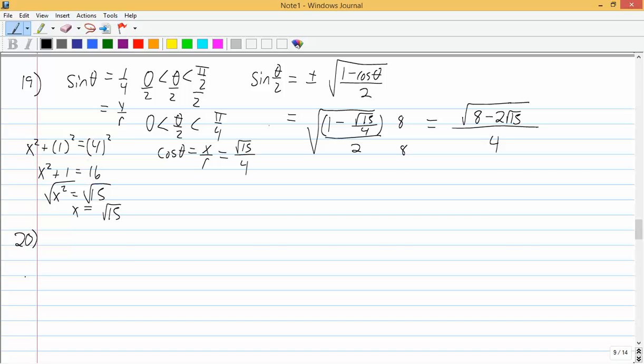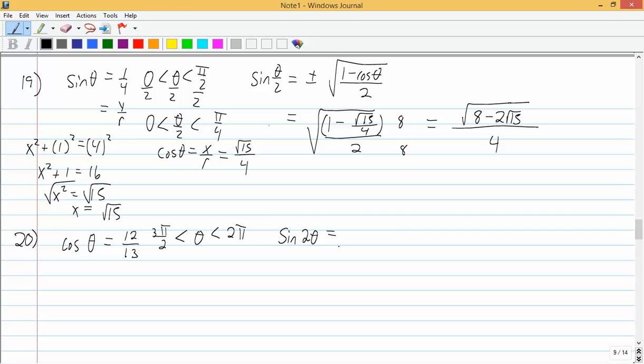All right, problem number 20. Cosine of theta equals 12 over 13. Theta is between 3 pi over 2 and 2 pi. Find the sine of 2 theta.